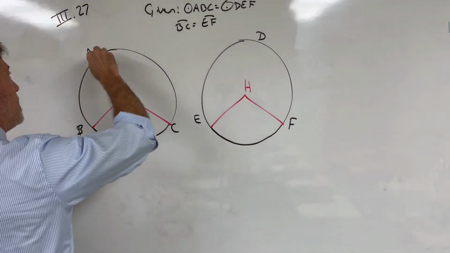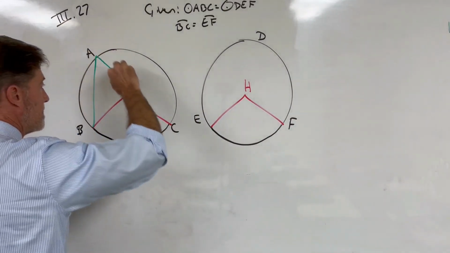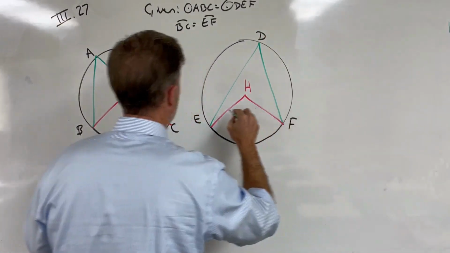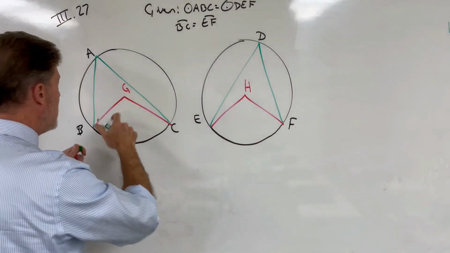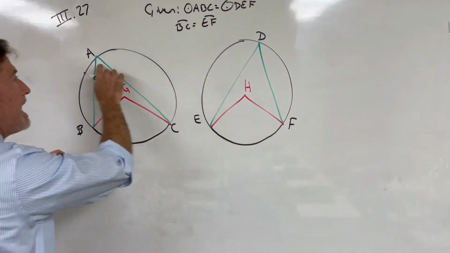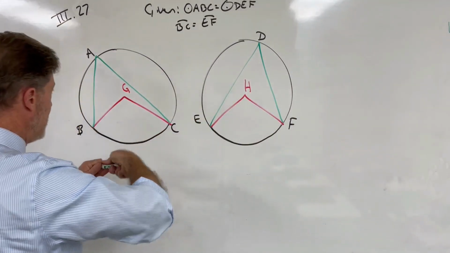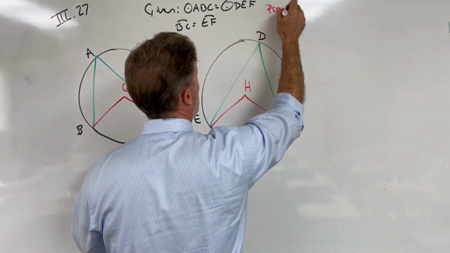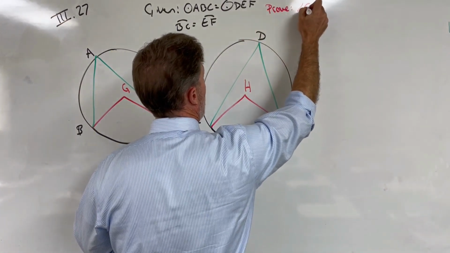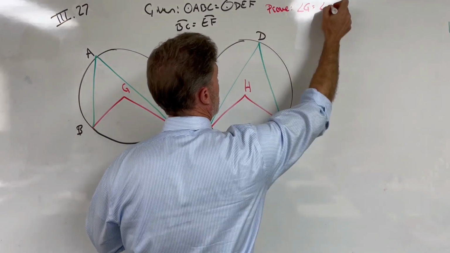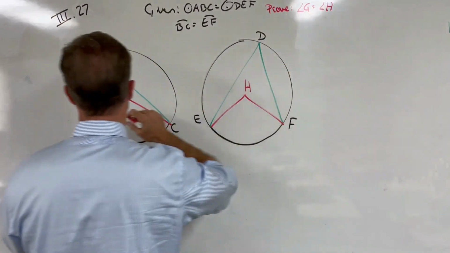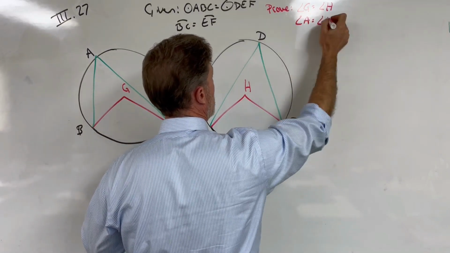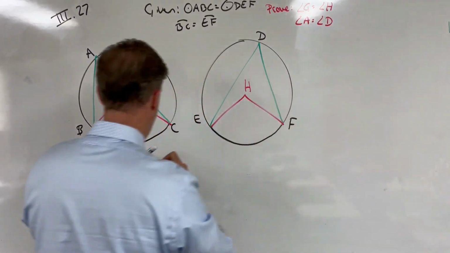So whether they stand here or whether they stand at the circumference, like this, we're going to prove that the angle at G is equal to the angle at H and the angle at A is equal to the angle at D. So here's what we're proving: that angle G is equal to angle H, and the angle at the circumference, angle A, is equal to the angle at the circumference, angle D.